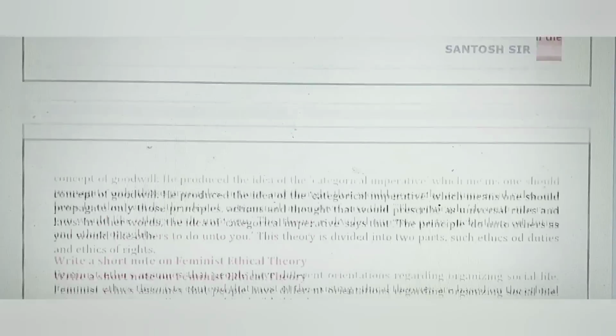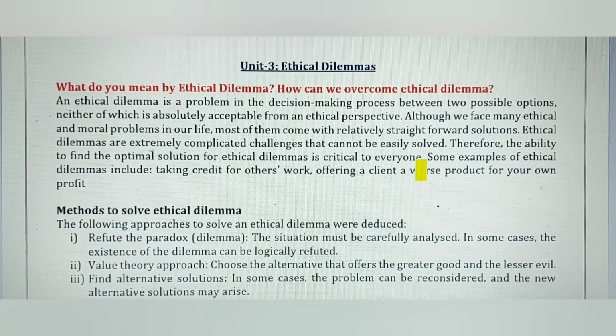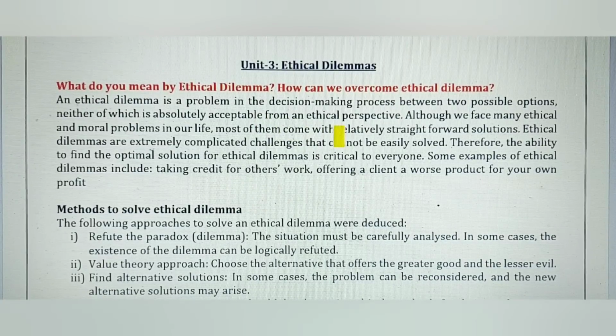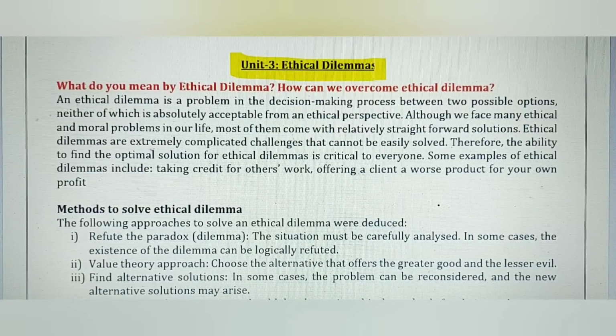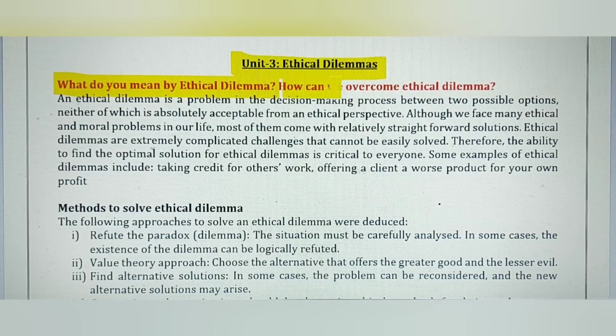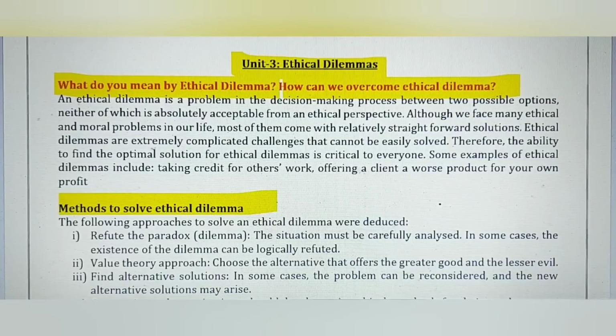Okay, let's move on to the next question, guys. This is from Unit 3, ethical dilemma, and in December also you got one question from here, so it is an important unit for revision. You should revise this particular question: what is an ethical dilemma, and how can we overcome the ethical dilemma? The different methods to solve this type of ethical dilemma.